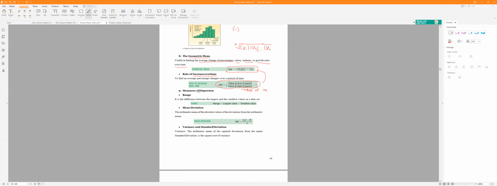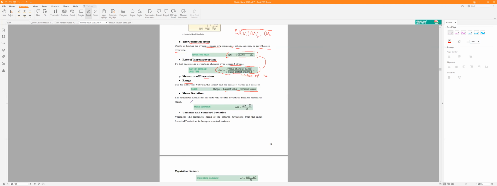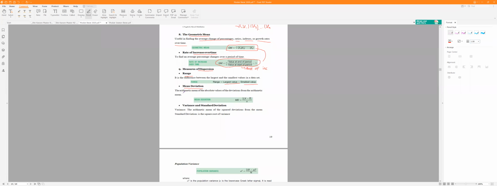So this is the measure of dispersion. This is the range. Range is the largest value minus the smallest value. This is quite easy. And mean deviation is the arithmetic mean of the absolute values of deviations from the arithmetic mean. Okay, so how you do it is you find x.